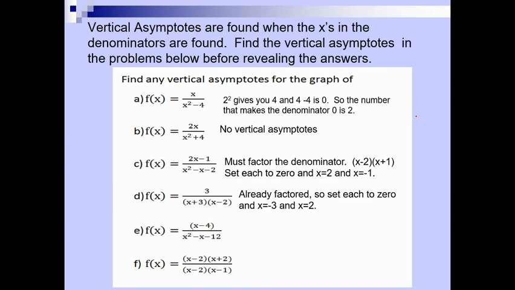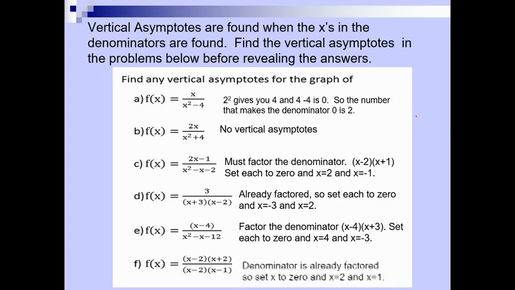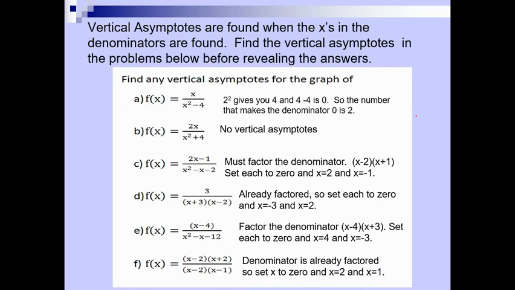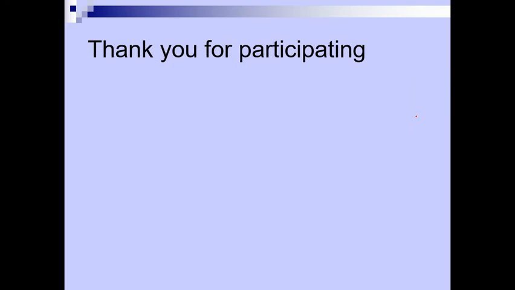What about the next one? That's right. Our factors are x minus 4 and x plus 3, so our vertical asymptotes are 4 and -3. And for the last one, the denominator is already factored. We set each one equal to 0, and x is equal to 2 and x is equal to 1, and those are our asymptotes.